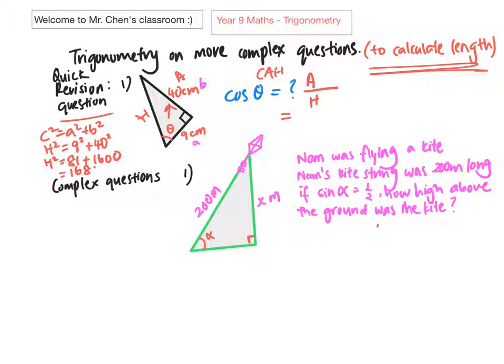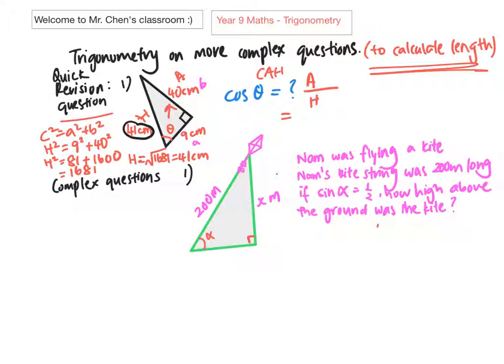It's not finished yet because we need to square root that to get h alone. Your hypotenuse alone will be the square root of 1681, which is 41. It's 41 centimeters. So hypotenuse here is 41 centimeters.